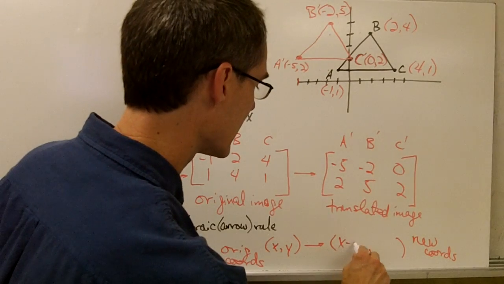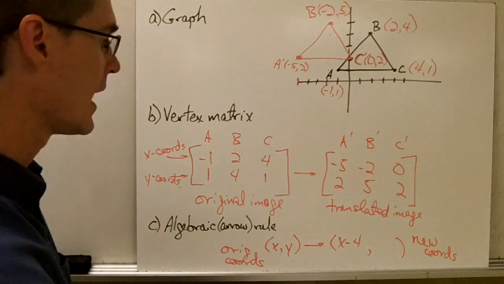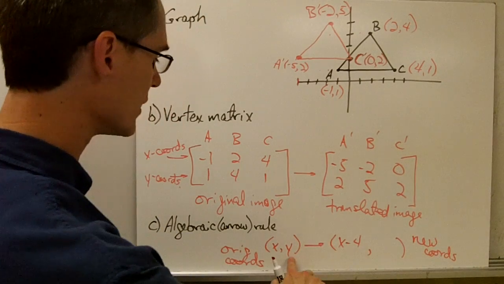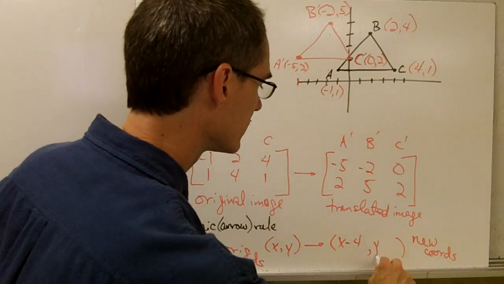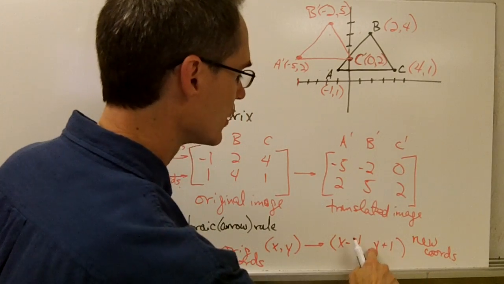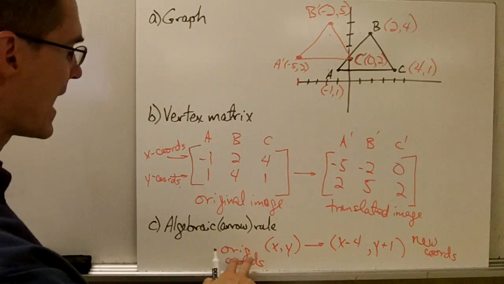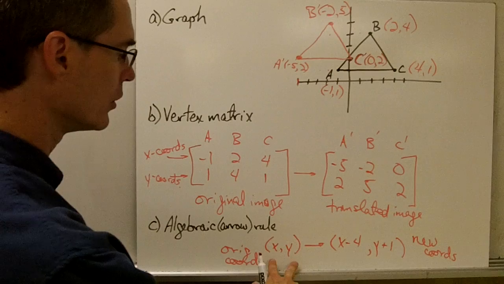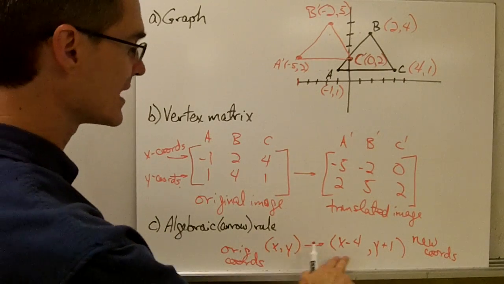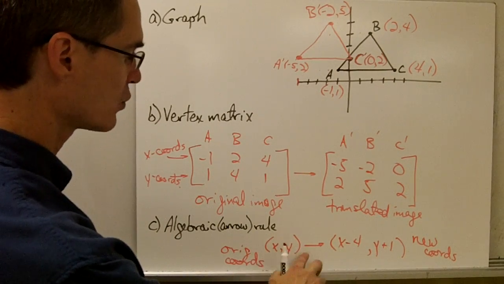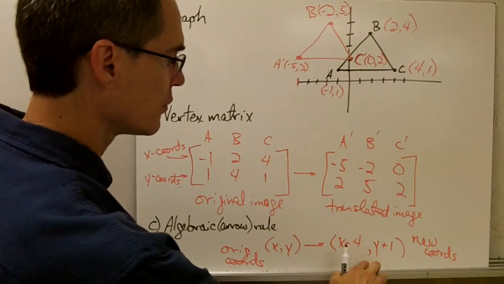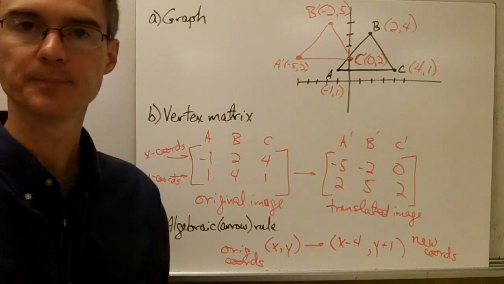So that would look like x minus 4. And in order to get my new y-coordinates, I just add 1 to my original y-coordinates. So my algebraic rule, or my arrow rule, for this particular translation would look like this. x, y, and then the arrow, x minus 4, comma, y plus 1.